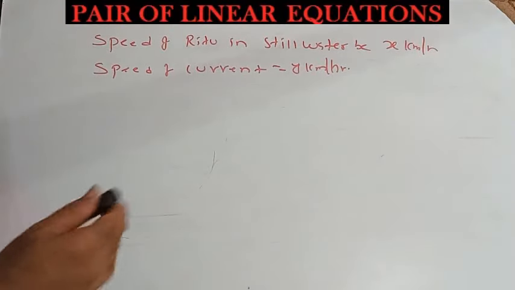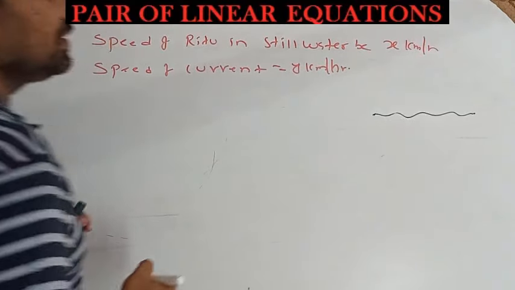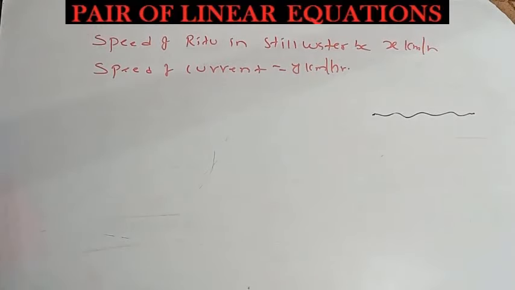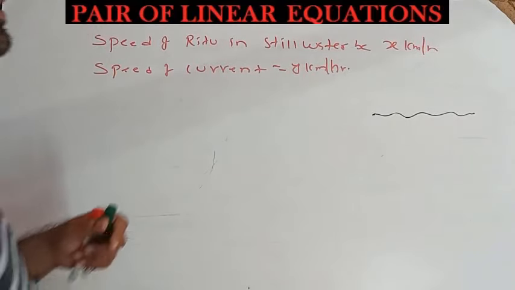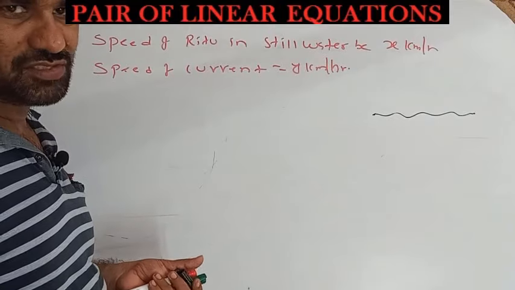Students, listen now. The speed of Ritu is x kilometers per hour, which means every hour she can row x kilometers.